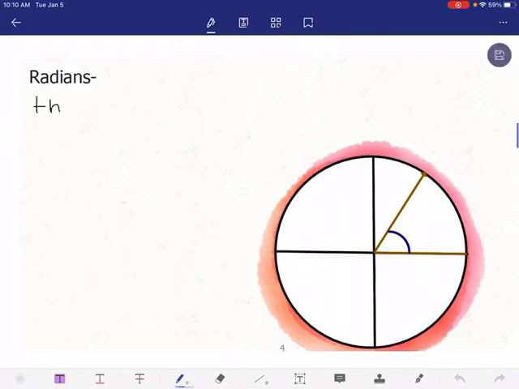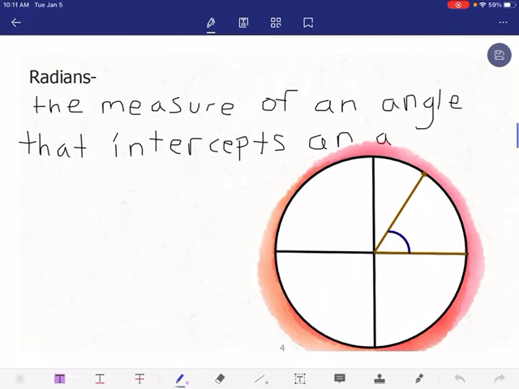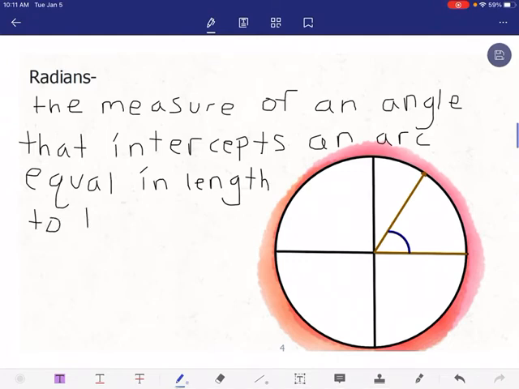So radians are the measure of an angle that intercepts an arc equal in length to the radius.